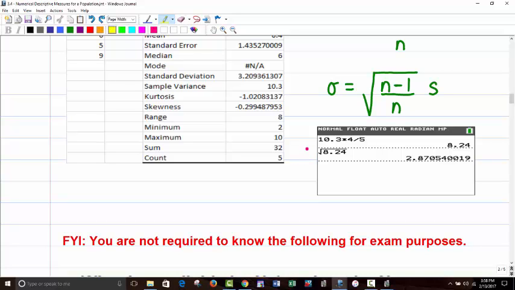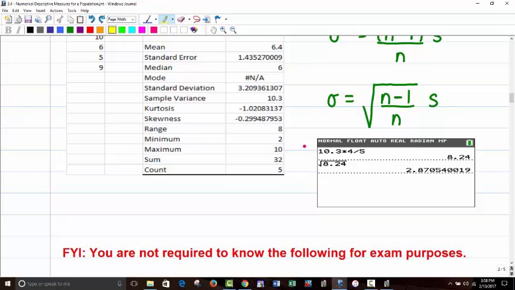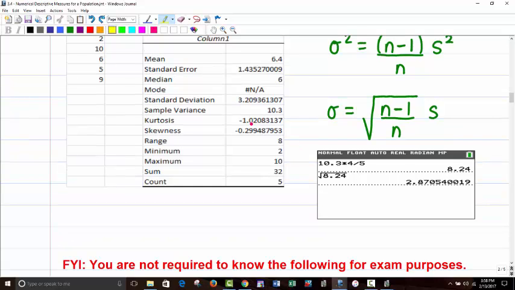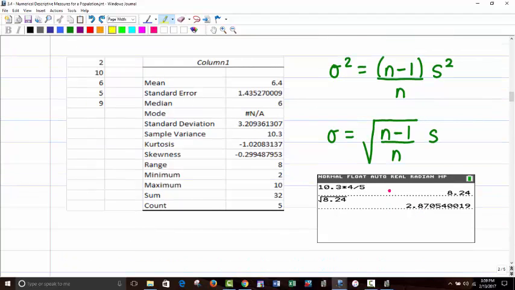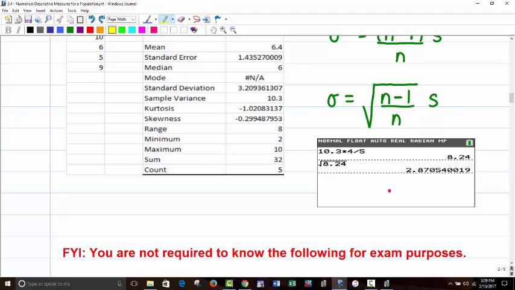So, all right. But anyway, if you take 3.209, multiply it by the square root of 4/5, you'll get the 2.87 number.